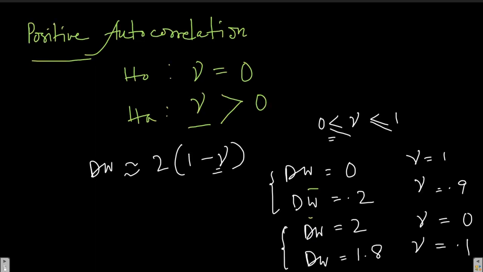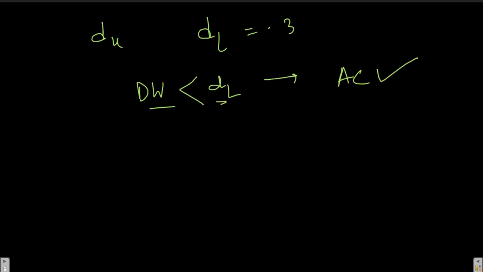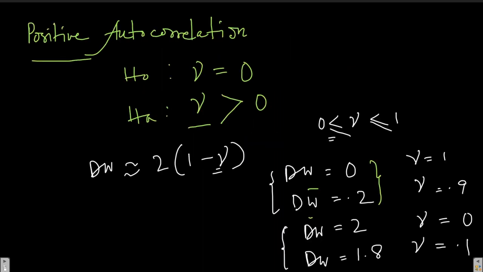It makes sense: it is close to 0, so I have a lower critical value of 0.3 and my DW is less than that, so it is between 0 and 0.3, then I say there is a positive autocorrelation. Similarly, let's say the upper critical value is 1.8. If my DW is greater than dU, that's pretty high. If DW is pretty high, then perhaps my gamma is very low, which means there is no positive autocorrelation.